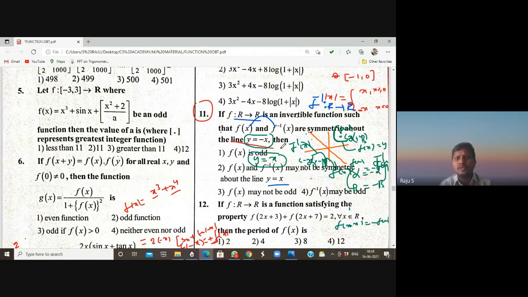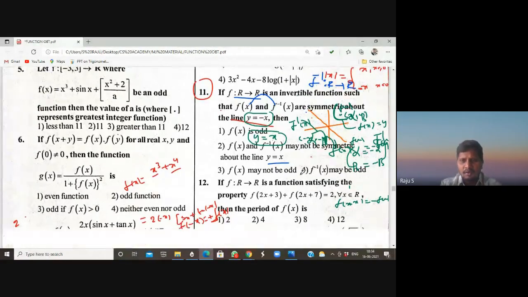When we give input positive, we are getting output negative, the same value. If we give +1, we are getting output -1. Finally, we are getting the negative of that value. Nothing but what about the function, even or odd? Odd. So here the odd function is the right answer. F of x is odd.